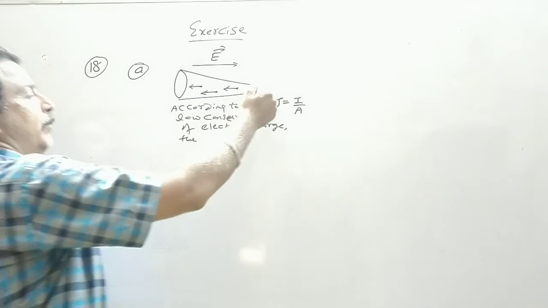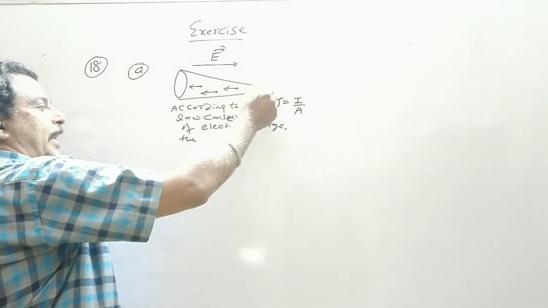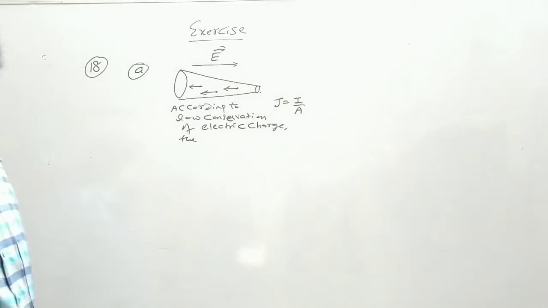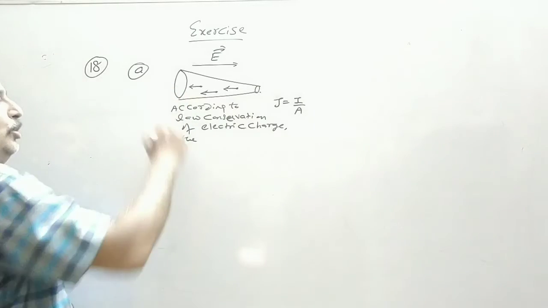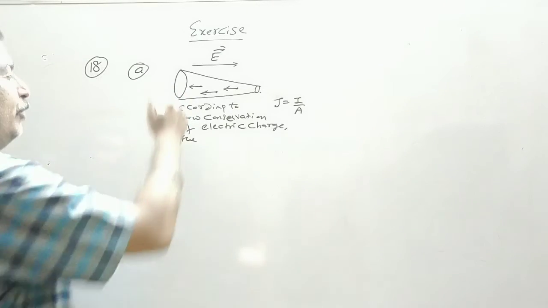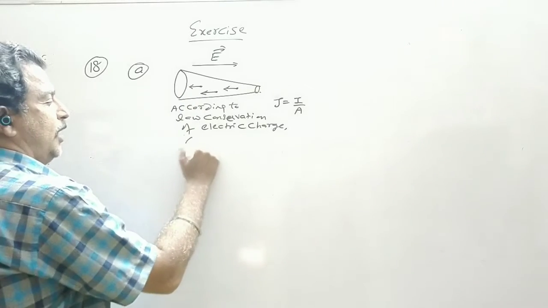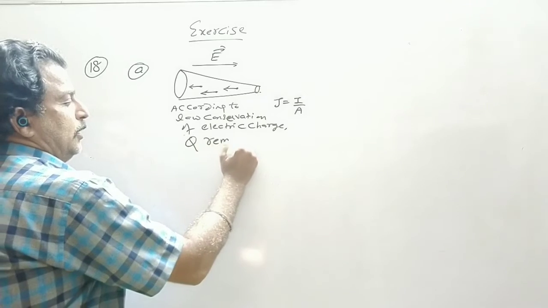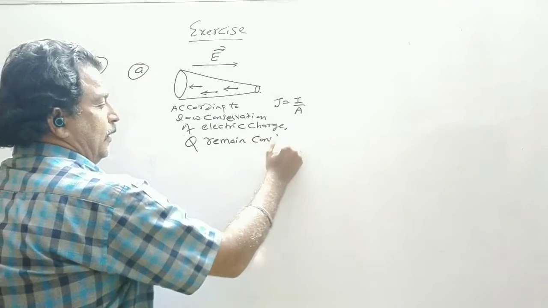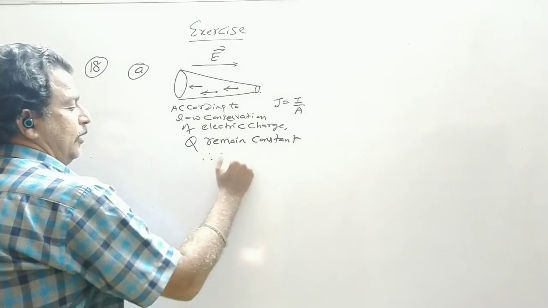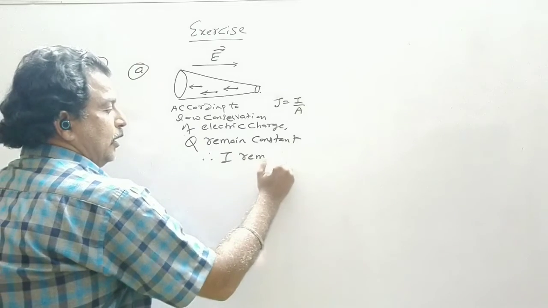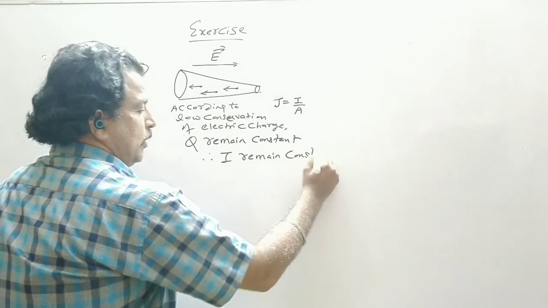Whatever amount of electrons enter into the cross section, that many electrons should flow out from the other side. So according to the law of conservation of electric charge, Q remains constant and therefore I remains constant in this situation.